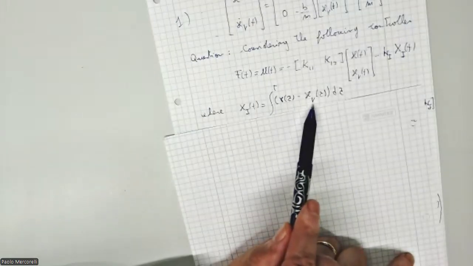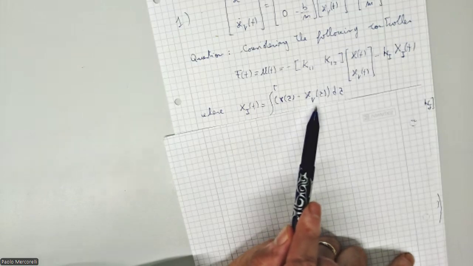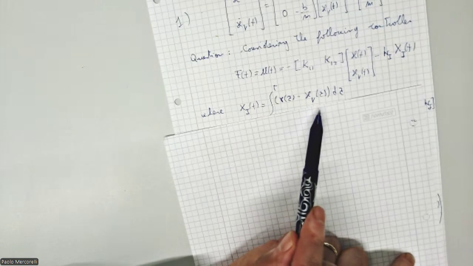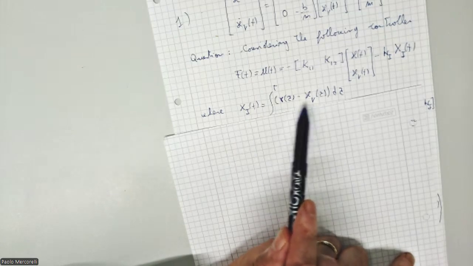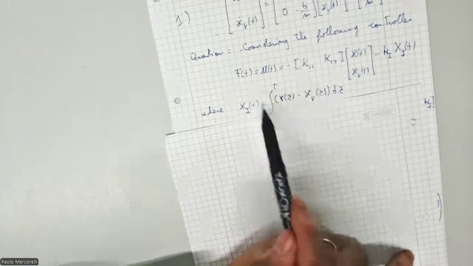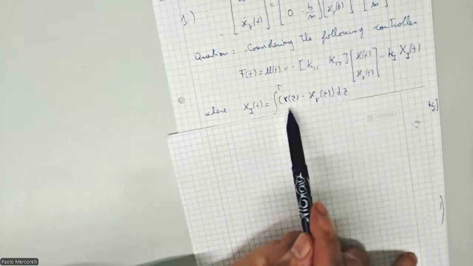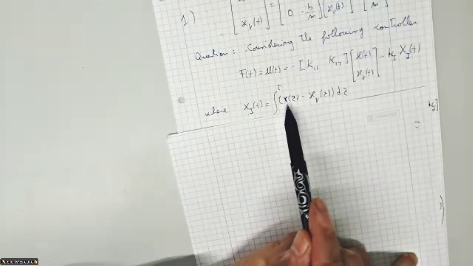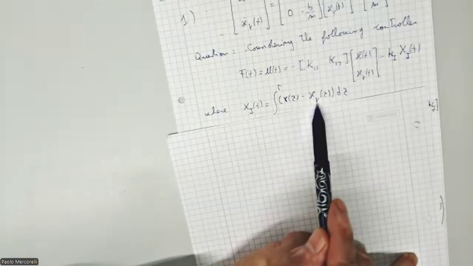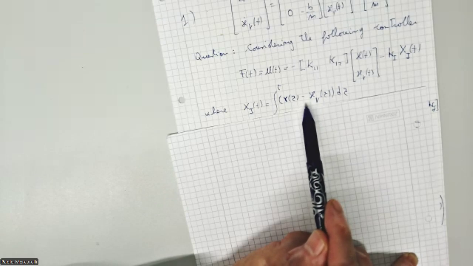XV is the state, the velocity. If I want to control the position of an auto parking structure, we have X here. Very easy. But Xi does not change, in the sense it's the integral of the error between the desired position, which I want to obtain, minus the position. Here it is the desired velocity minus the velocity. It's up to you what we want to control. It depends on the project.